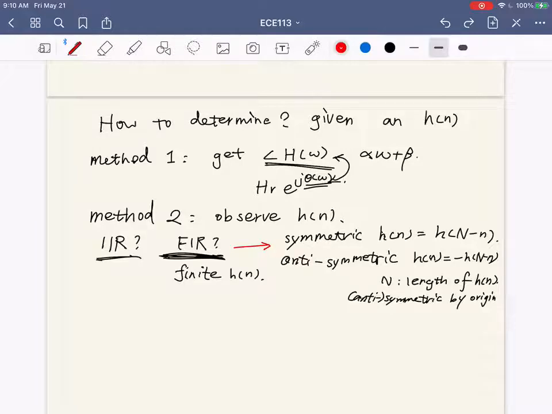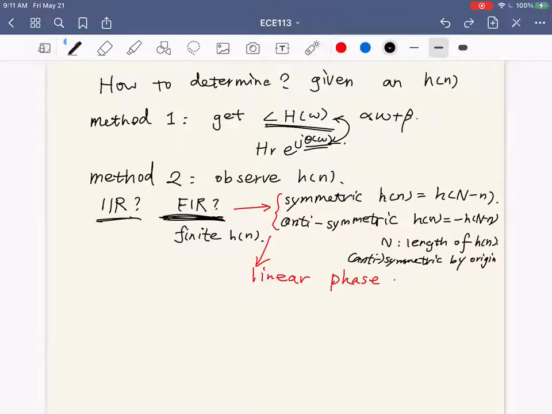If it is neither symmetric nor anti-symmetric, it can't have linear phase, okay? If it is symmetric or anti-symmetric, we can ensure that this FIR has linear phase. So we like both of them, okay?